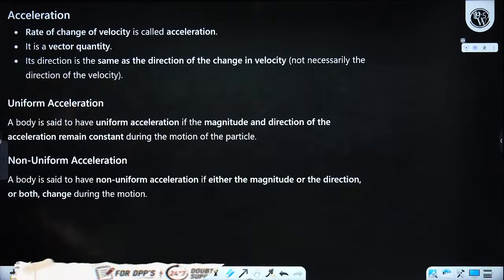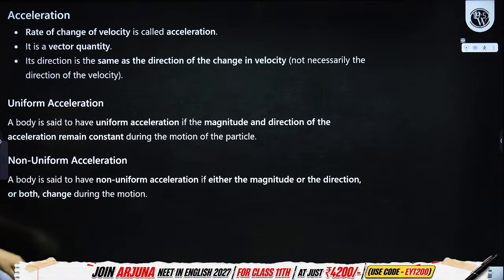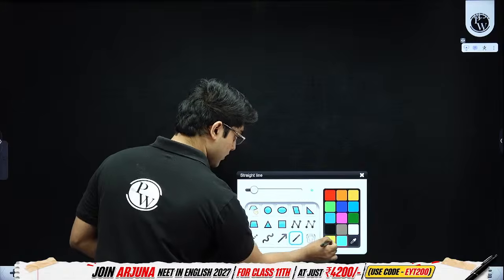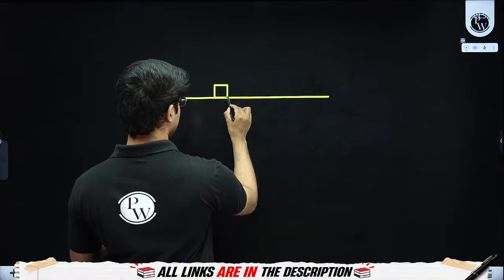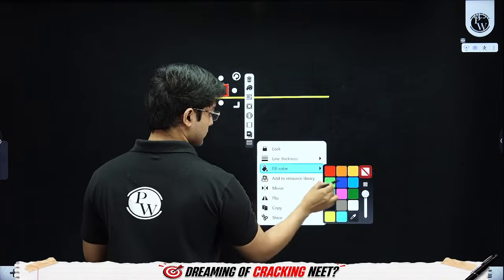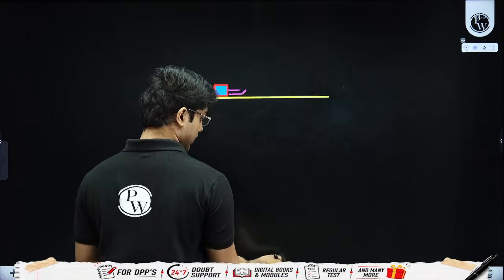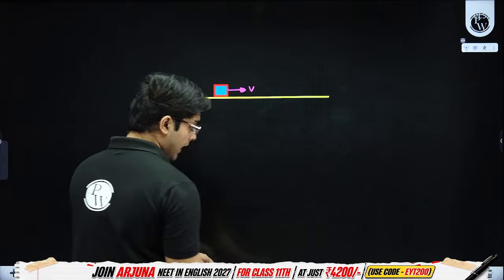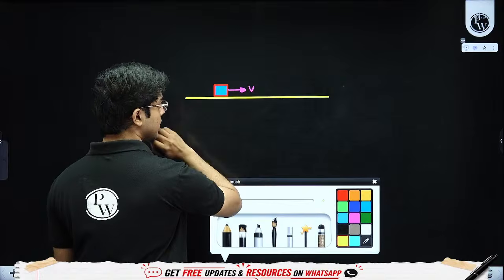Right now we will only talk about the 1D case, one dimensional motion. Let's say the block or the particle is moving to the right, with its velocity along the x direction. Accelerated motion means this velocity will increase or decrease. Speed will increase or decrease.